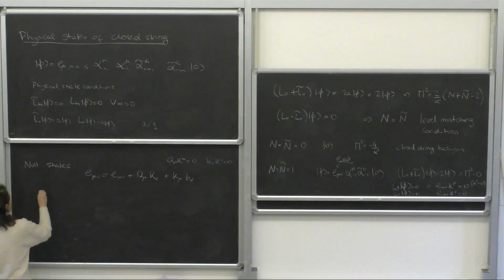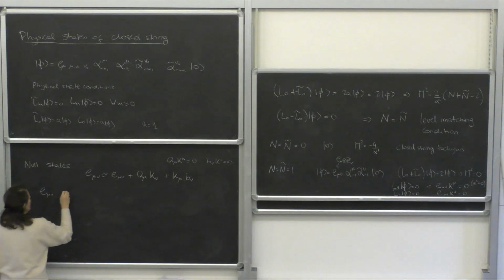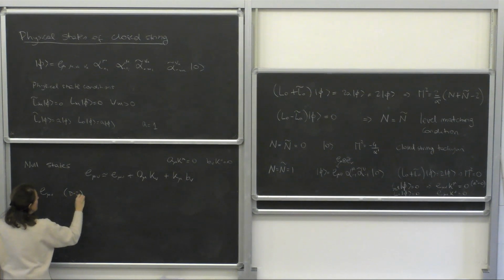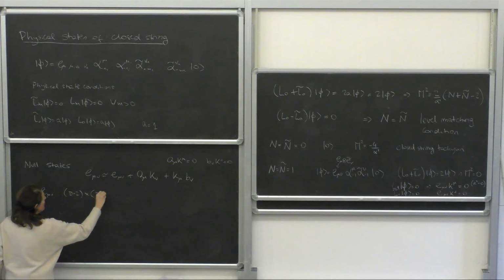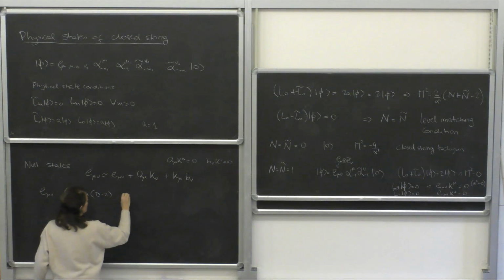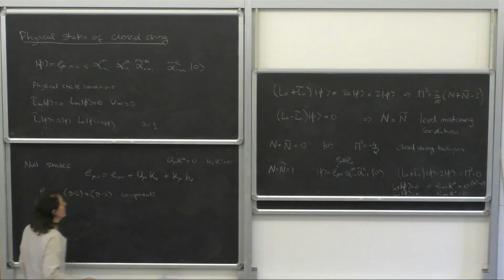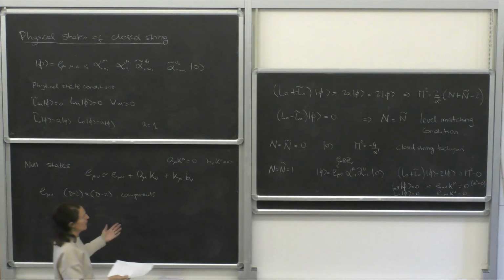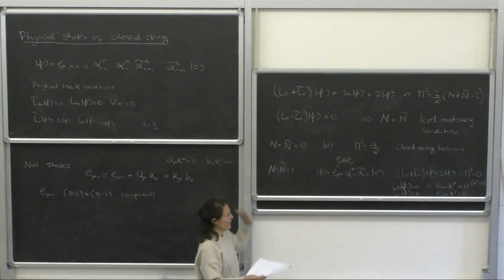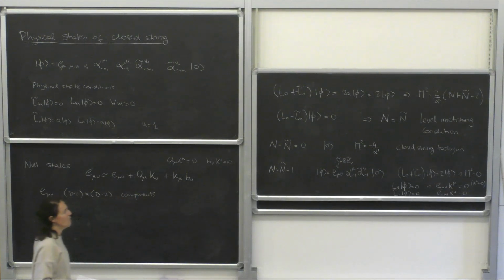So then E mu nu has d minus 2 times d minus 2 components, right? Each index can run, I can do the light-cone gauge. It's the tensor product of the massless open string with a massless open string.